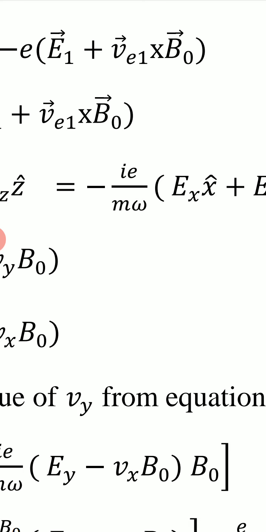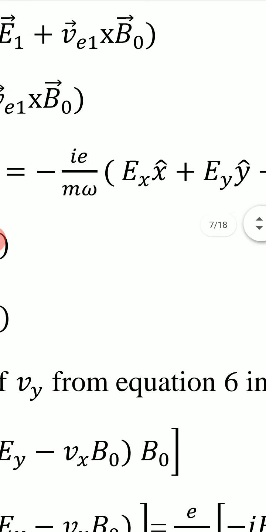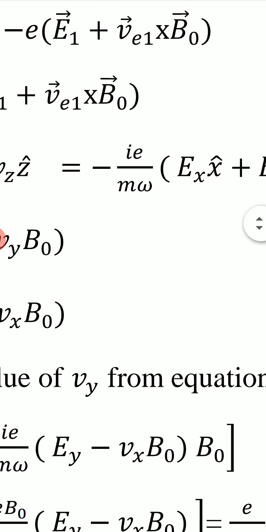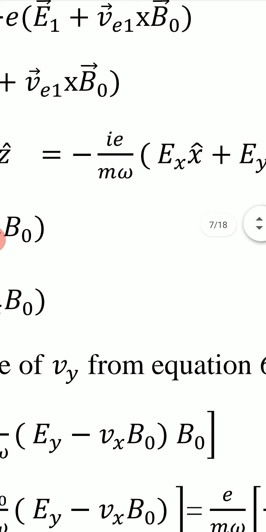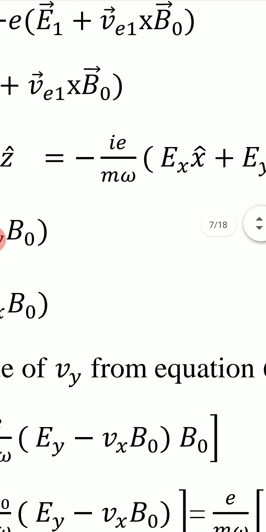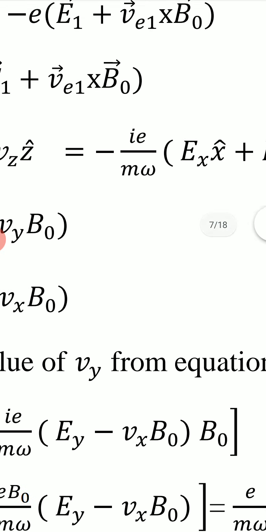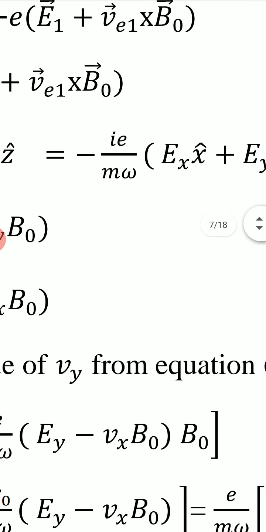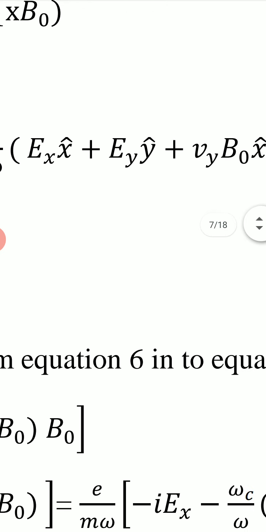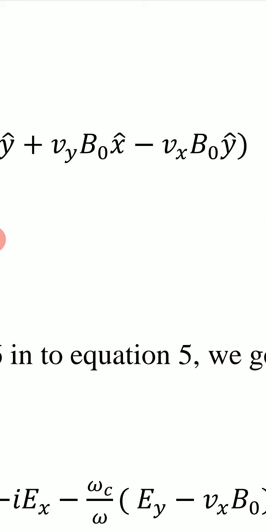Then the three components of ve1 vector, which are Vx, Vy, Vz, and in the third row we have the three components of B0 vector, those are 0, 0, B0. B0 vector is along the direction of the z-axis. So from that determinant we find the value of V cross B as Vy B0 x cap minus Vx B0 y cap.